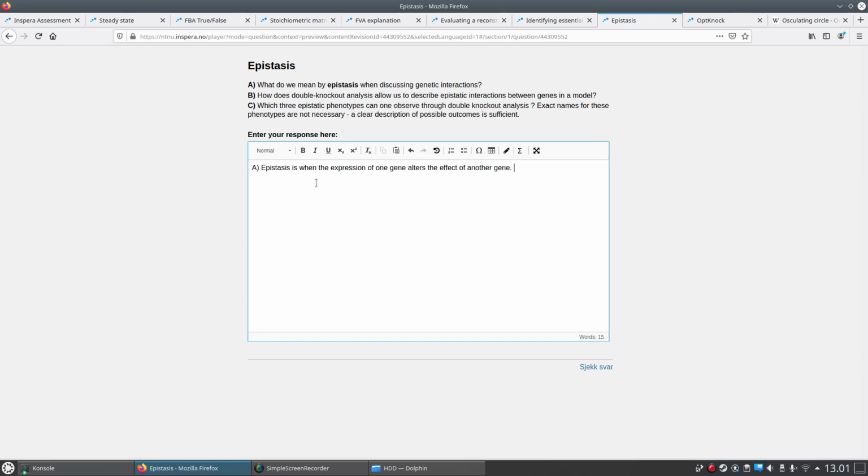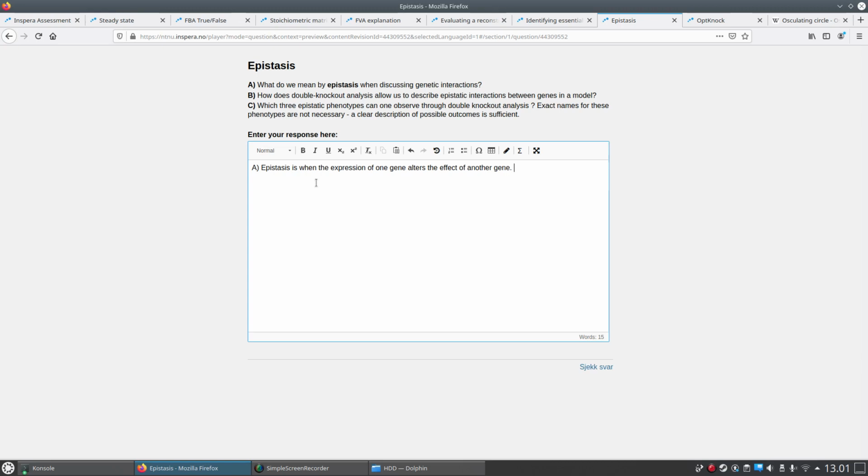Typically, you can have a gene mutation that would lead to a certain effect if it were to happen in isolation, but a secondary gene mutation masks that original gene by producing another effect that is much more substantial.